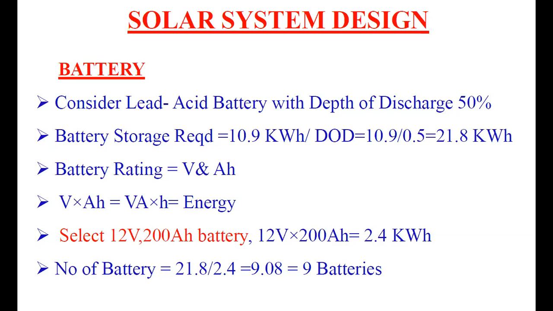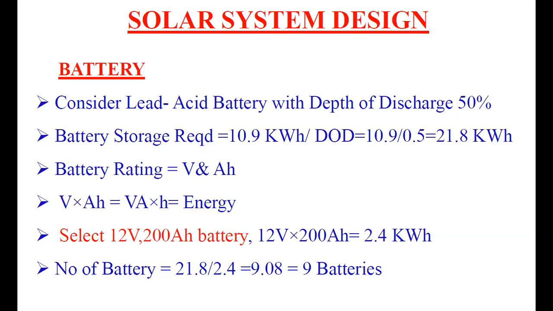If the energy required from the battery is 1 kWh, we have to store double that, that is 2 kWh, then only we can supply 1 kWh to the load.